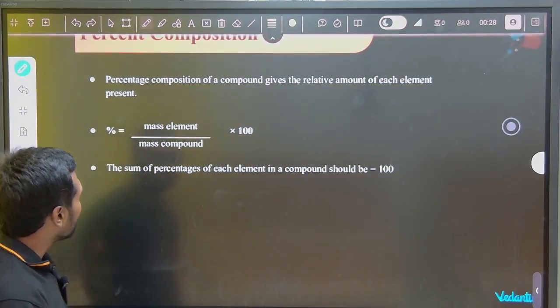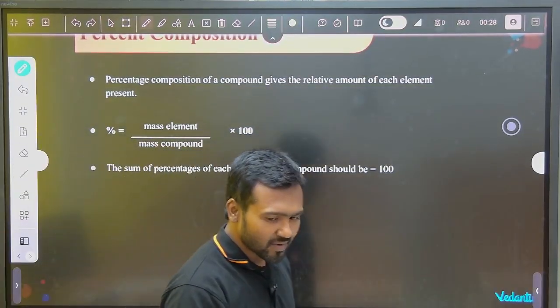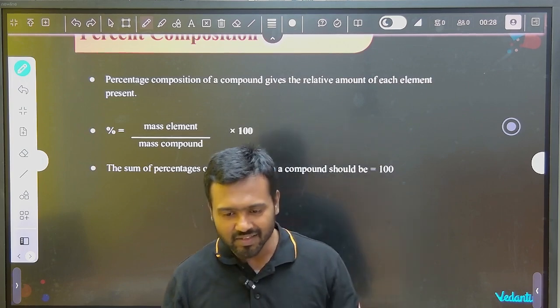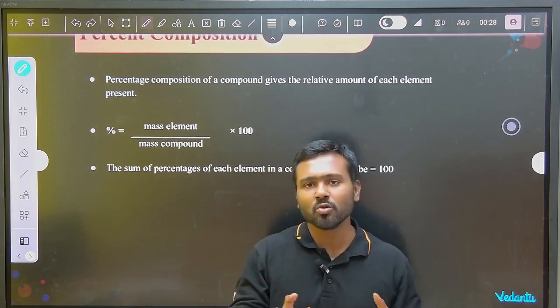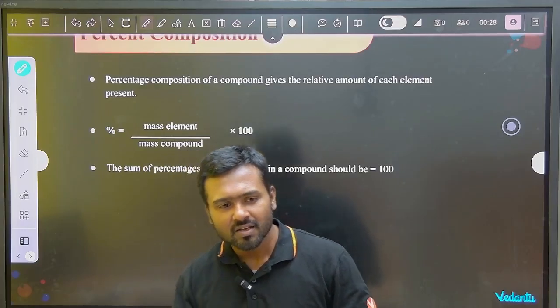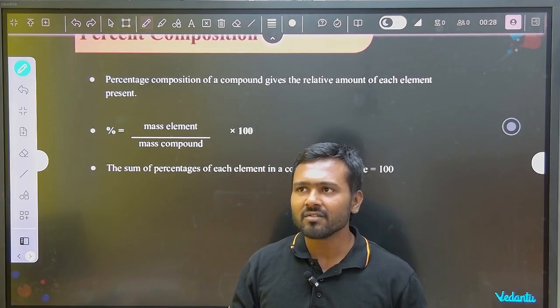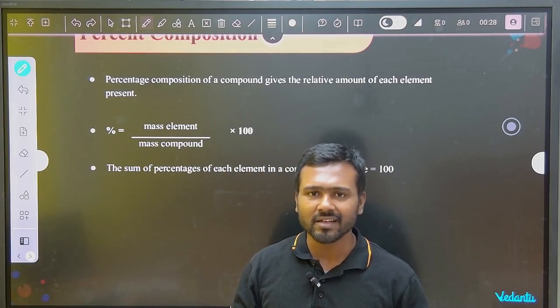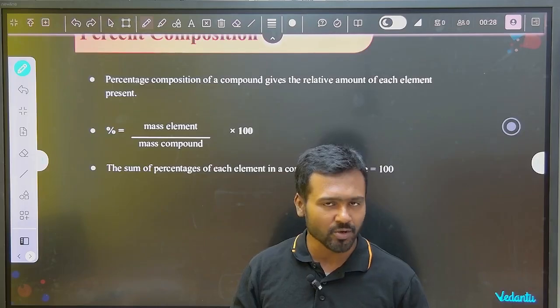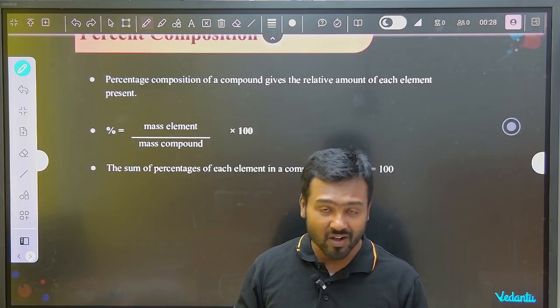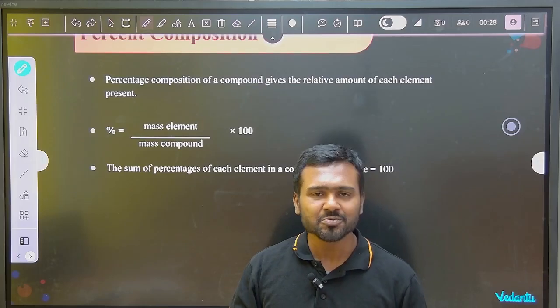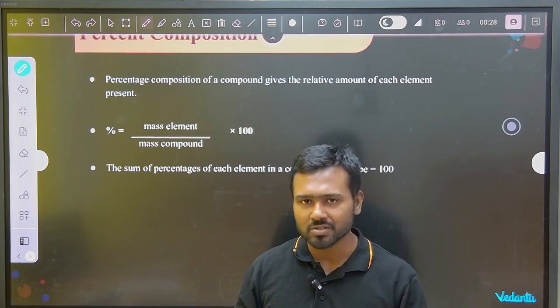The percentage composition is a simple one. If you are finding the total weight of the compound, let's consider glucose only. Its molecular weight you will get is 180 AMU. Now I want to know how much percentage of carbon is present in the glucose.